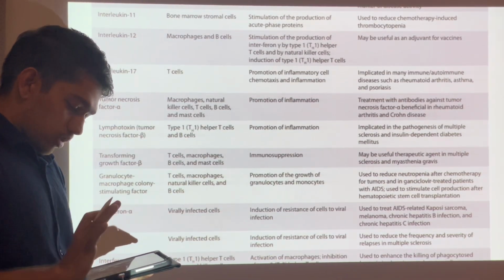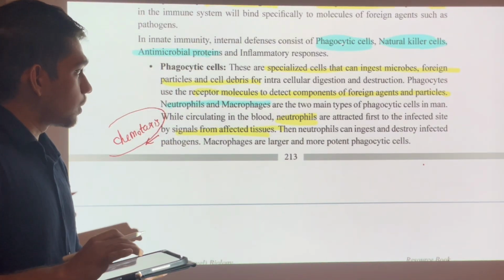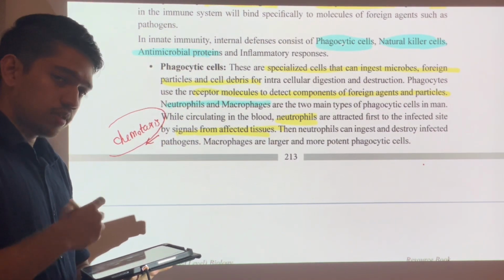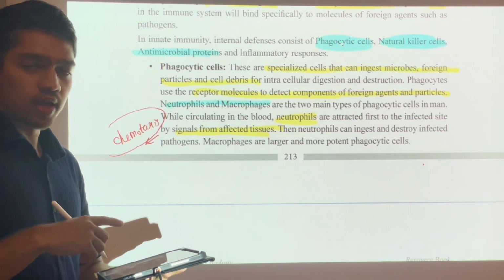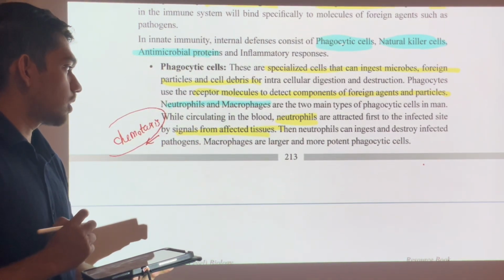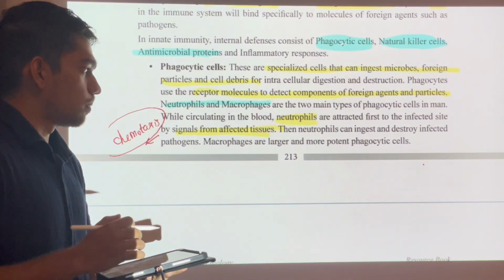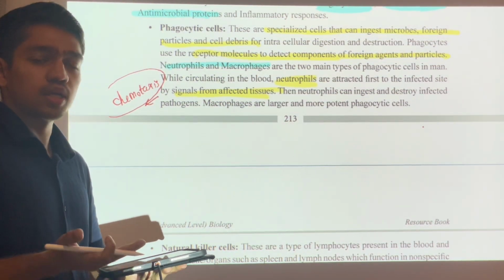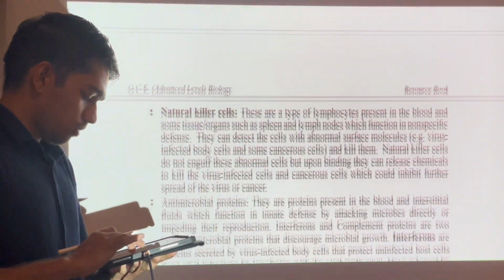So we know neutrophils are the first people there. Then they are going to start phagocytosis, right? Then after that, the macrophages are going to come, and they are actually larger and bigger, more potent. So they are going to do phagocytosis on a much larger scale, right?